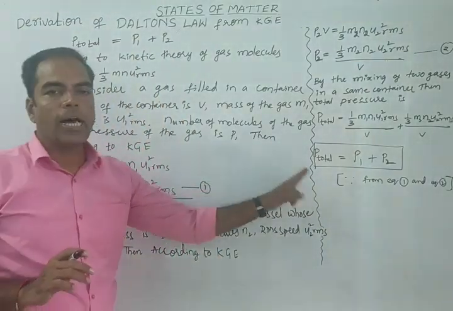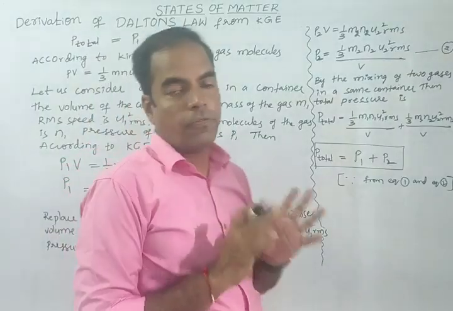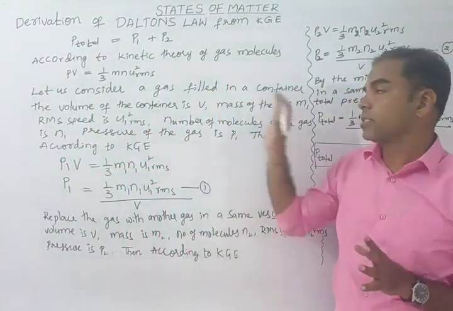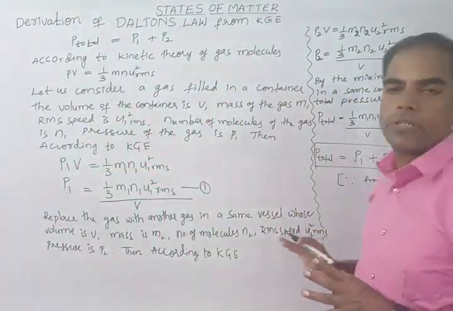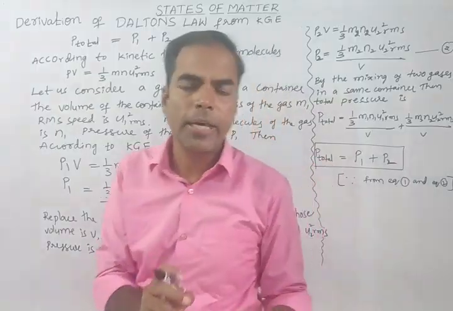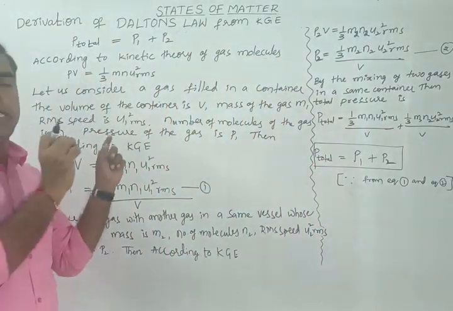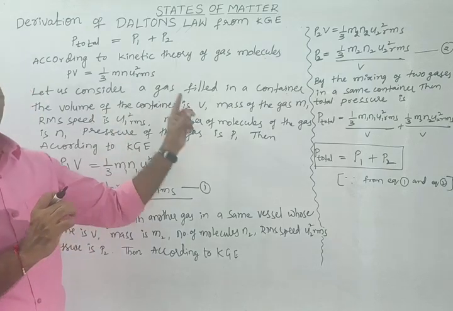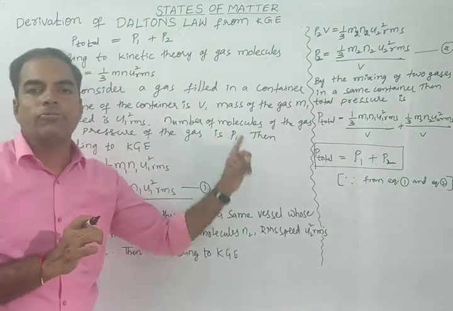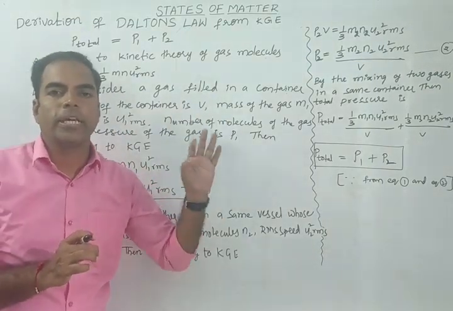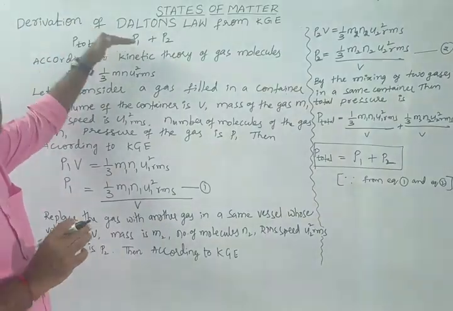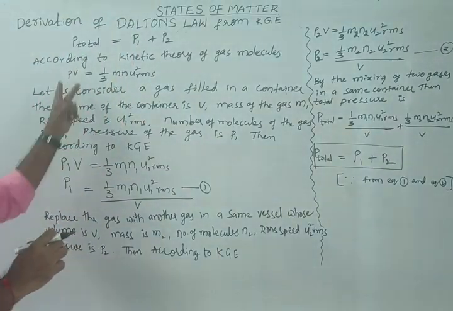This is the derivation of Dalton's law of partial pressure from the kinetic gas equation. The total pressure exerted by non-reacting gases is equal to the sum of the individual partial pressures of the gas molecules. That is called Dalton's law of partial pressure.